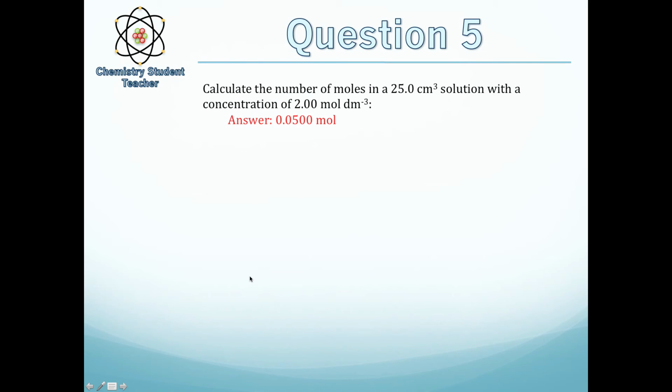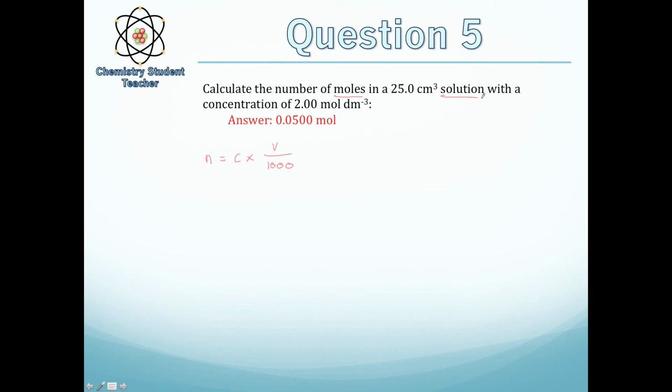Next question, question 5. Calculate the number of moles in a 25 centimetres cubed solution with a concentration of 2 moles per dm cubed. So we're going to use this equation. Number of moles equals c times v over 1,000. We use this equation because we want to find moles.